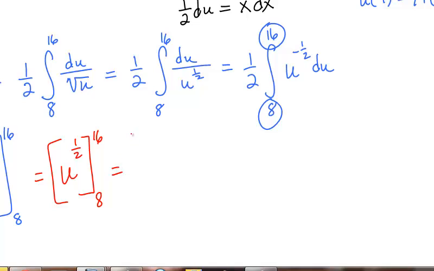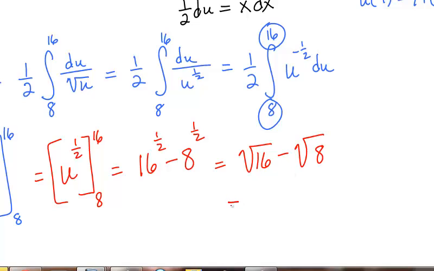So substitute in the top number first, so it's 16 to the 1/2 power minus, and remember it's always f of b minus f of a, and then 8 to the 1/2 power. So anything to the half power is like square root, so that's square root of 16 minus the square root of 8. Square root of 16 is 4, and this we can simplify to 2 radical 2. So you get the same answer.